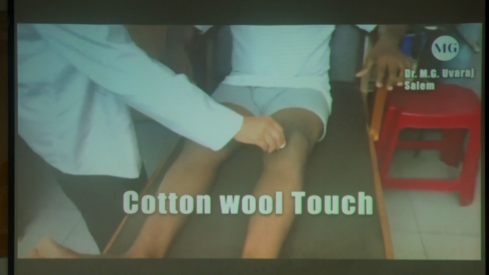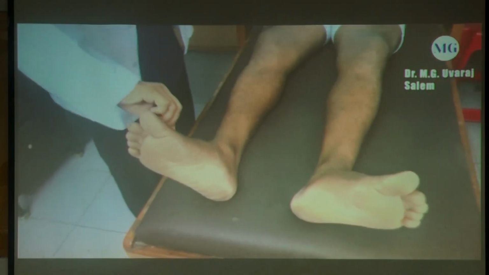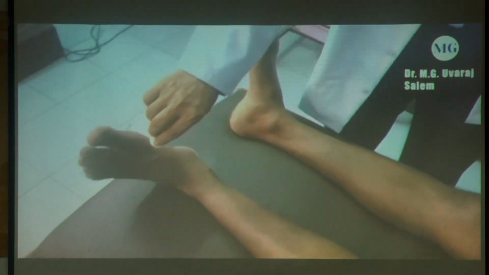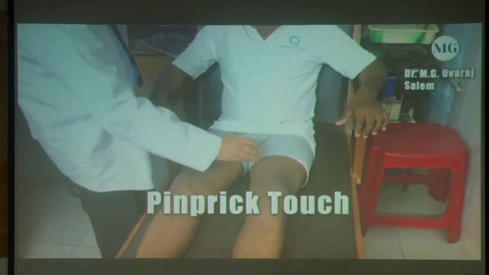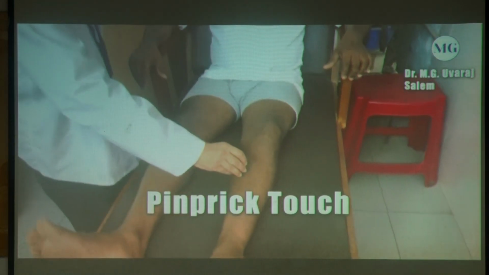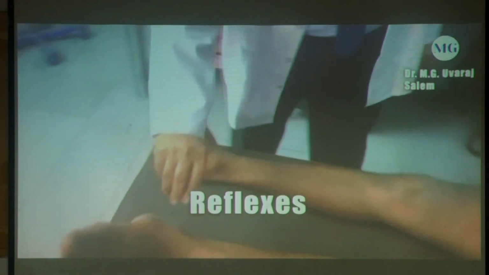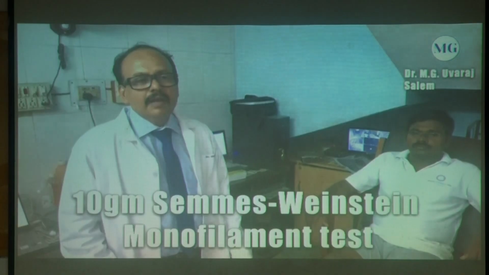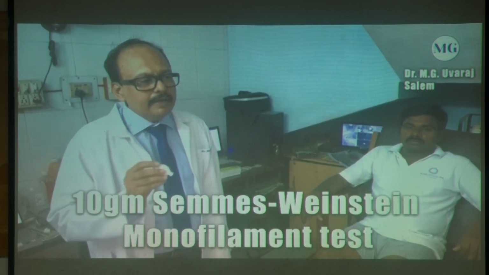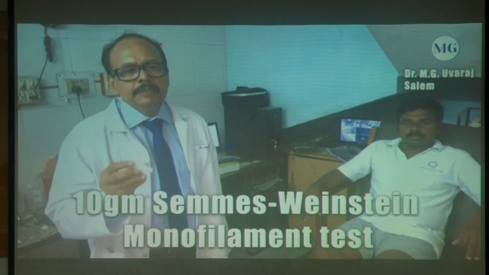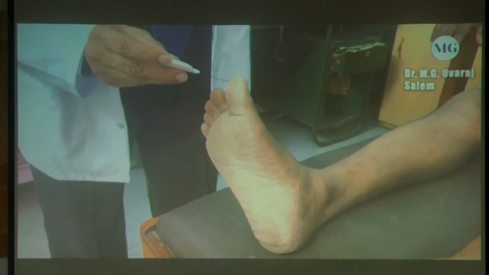Cotton wool touch sensation. Pin prick. Ask the patient to close the eyes and say yes when touched. Protective sensation in diabetics is tested by a simple test, the SIMS 10-gram monofilament test.